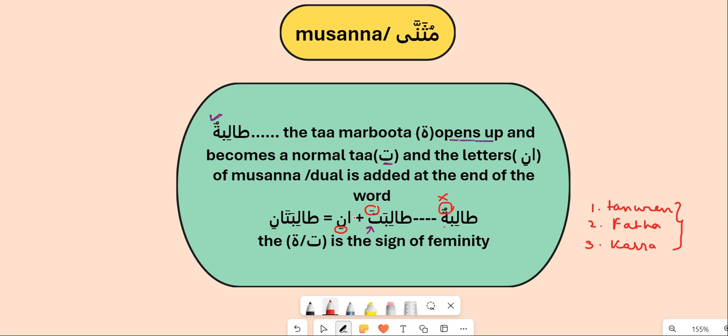Because the moment you add alif, this alif is a long vowel. And as you know, if anybody hasn't done my step by step video, just a quick revision: as soon as the long vowel comes, the previous letter goes along with the fatha. The long vowel and the fatha go together hand in hand. So it cannot be a dhamma and a long vowel after it because of the sound problems. You can't say talibatun ani, you can't say talibatu ani.